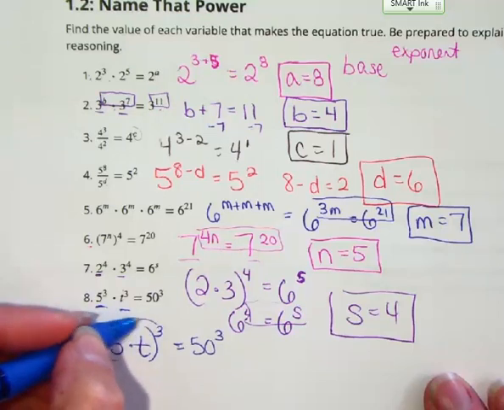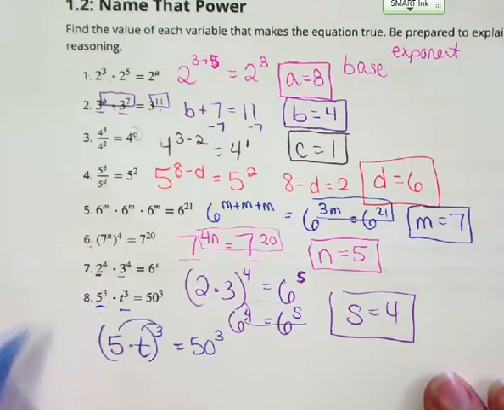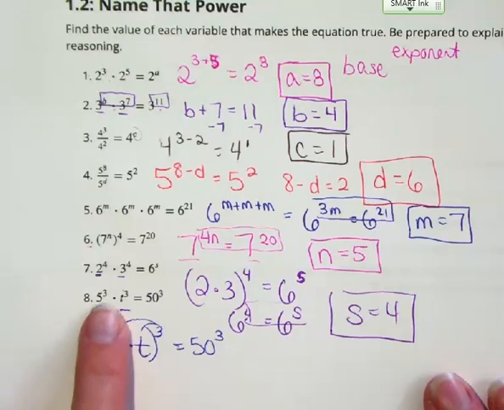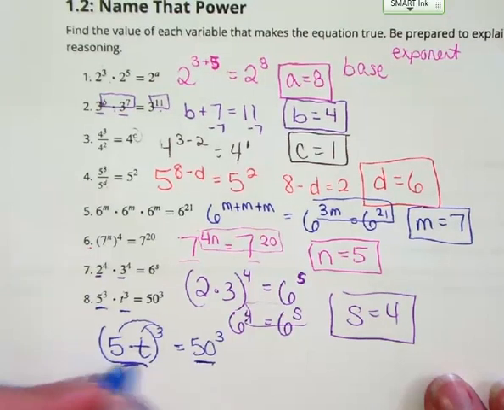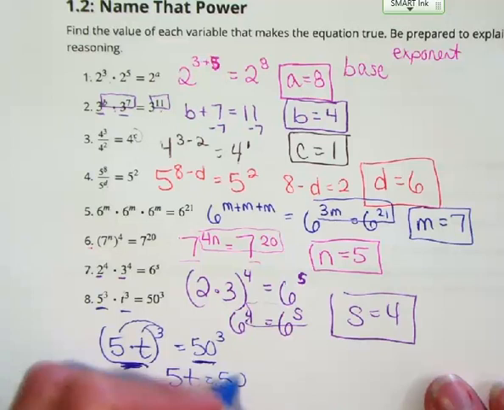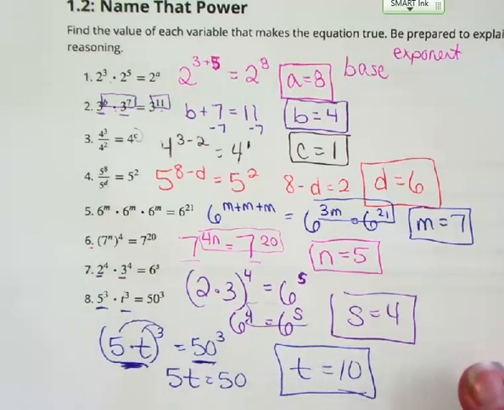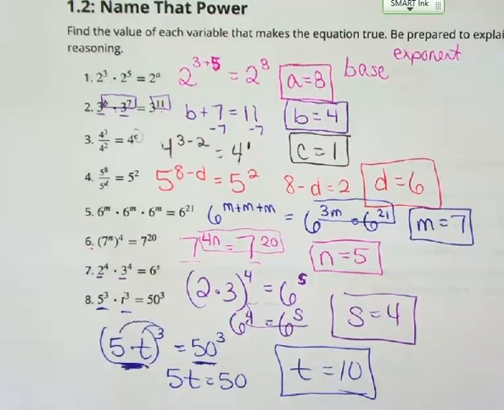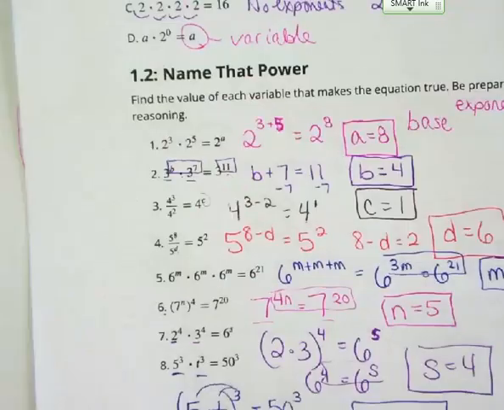So distributing that exponent, as long as the things inside are multiplying, would bring us back to this 5 to the 3rd times t to the 3rd. So just a good thing to know. They all work forward and backward. Anyway, 5t has to equal 50. T has to equal 10. So a good refresh there about powers and exponents, how we can combine them, how we can work through them together.